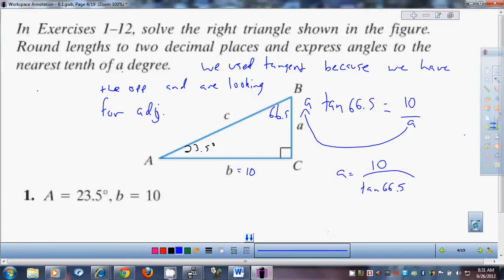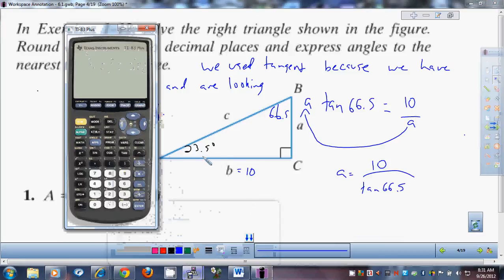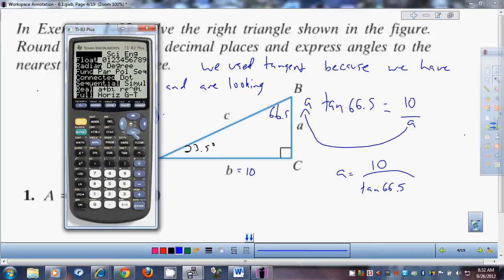If I punch this into my calculator right now, it's going to give me a wrong answer. Why? Who can tell me why my calculator would give me a wrong answer right now? It's in radian mode. If we're using degrees, you need to be in degree mode. So, mode, boom, boom, degree.